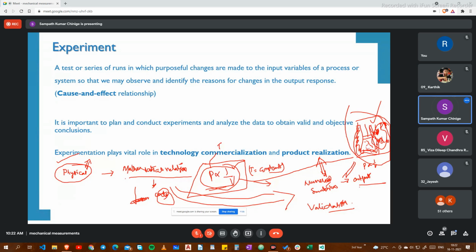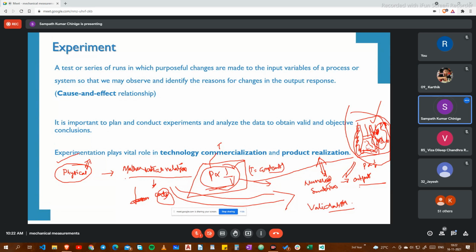That means once you validate it, your numerical model is correct, and people are assured that the results you are giving out of your numerical simulation are correct. Compared with experiments, numerical simulations are not time consuming because fabrication and design are avoided, so obviously your time will be saved.